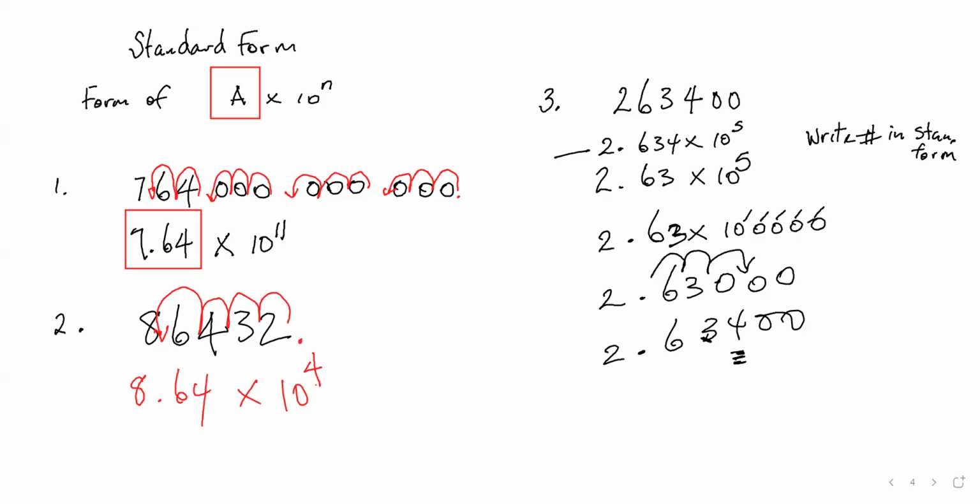One more thing in standard form and then we'll move on. Let's say the number is a decimal, 0.000042.